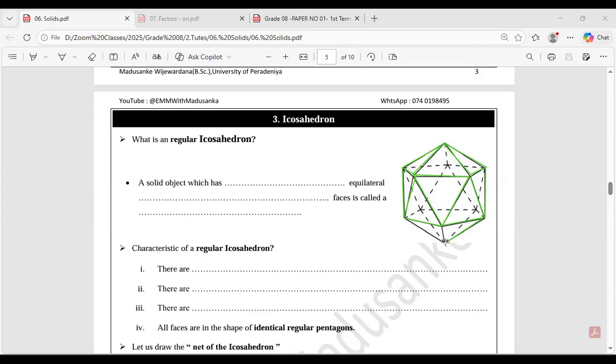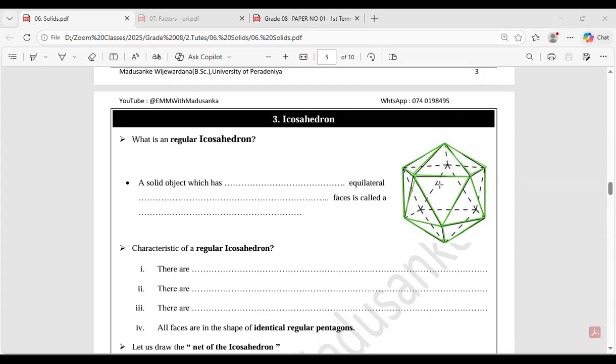Now here also same. This is the front view, and the back view also shows the same thing for this icosahedron. The back view has been drawn as a dashed line. Can you see the dashed line here?